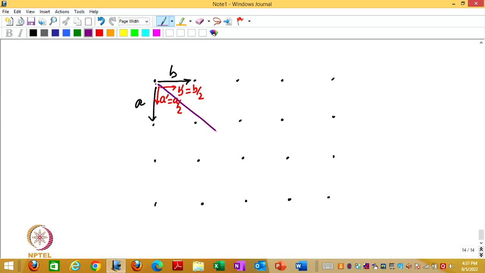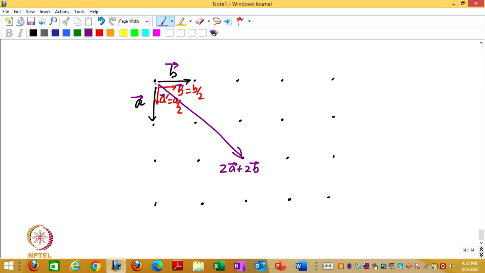So, let us select a vector, let us select this vector. Now, in the unprimed coordinates A and B, this was 2A plus 2B. I should keep putting the vector sign which I am missing. So, please add that. Yeah.